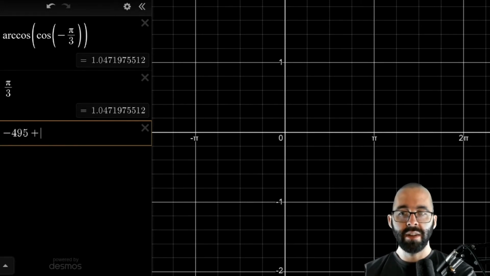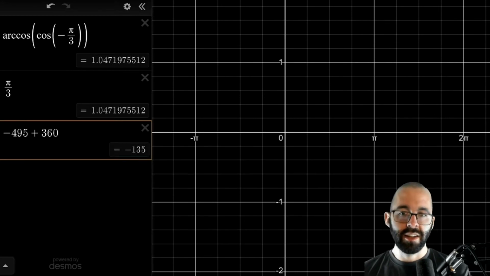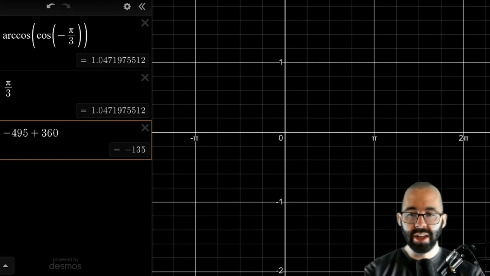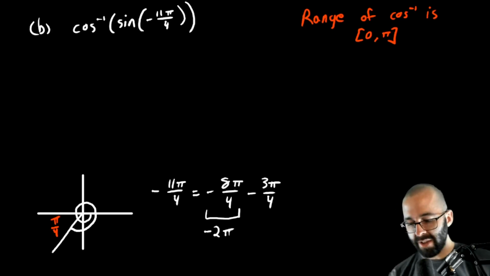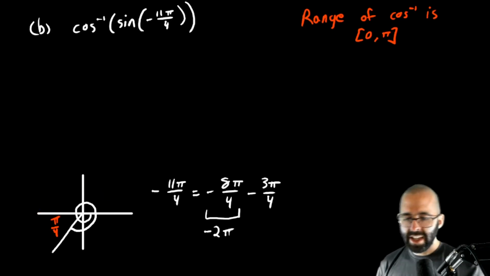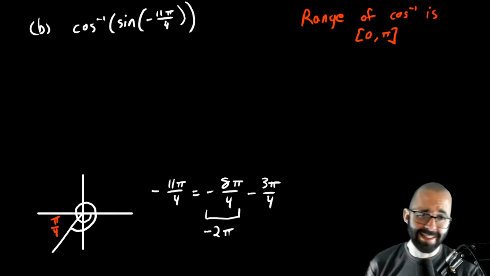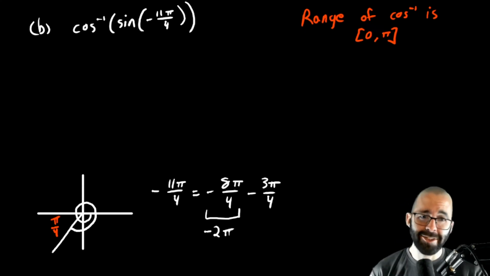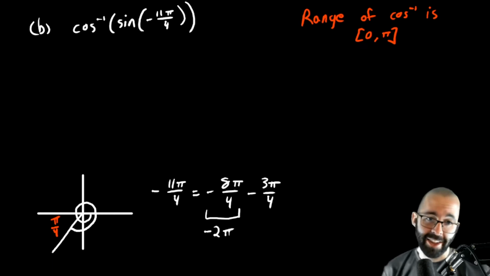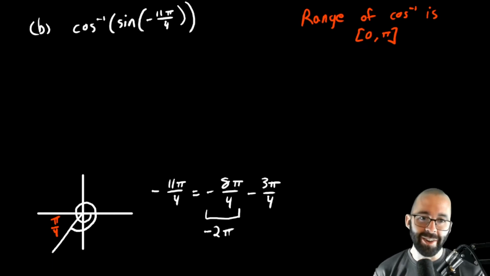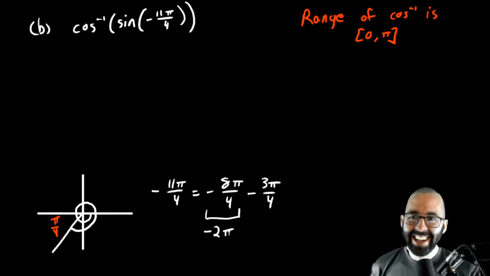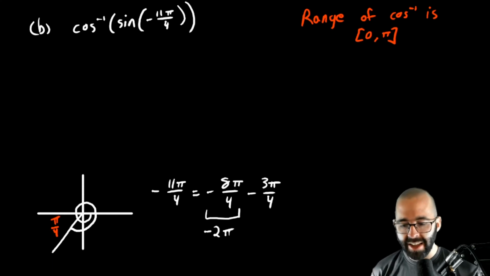So negative 135 degrees is the coterminal angle. Negative 135 degrees is this angle. If you were nervous about making the same mistake as in an earlier problem, you could check that. That's how you would do it. Okay. So what is the sine of that angle?